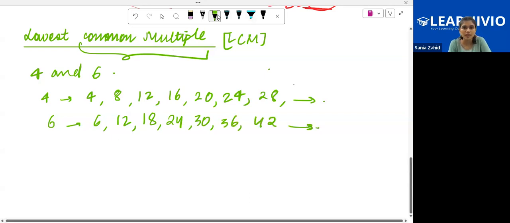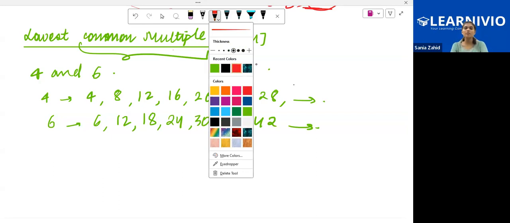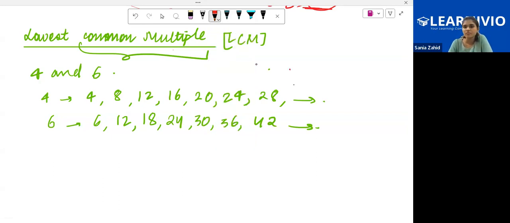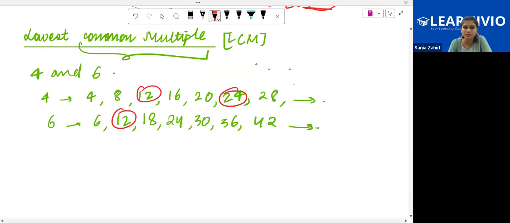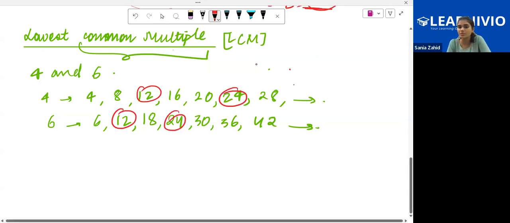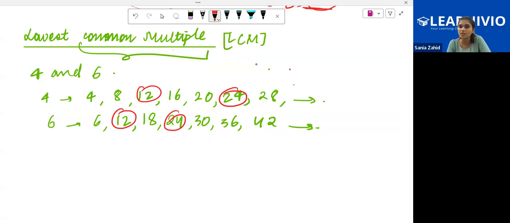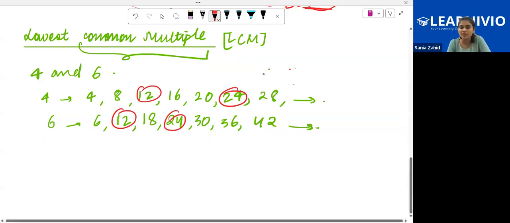Okay, can you find any common multiple? 12, and 24, okay. Further we also have a set of common multiples, but you'll have to write more multiples for that. But right now the question is asking us to find the lowest common multiple.